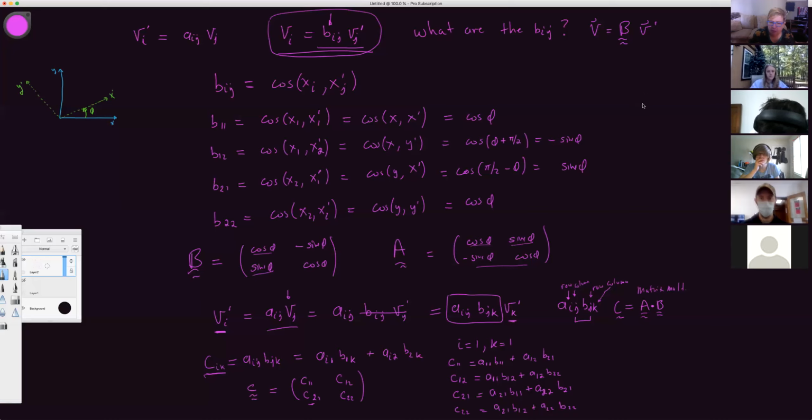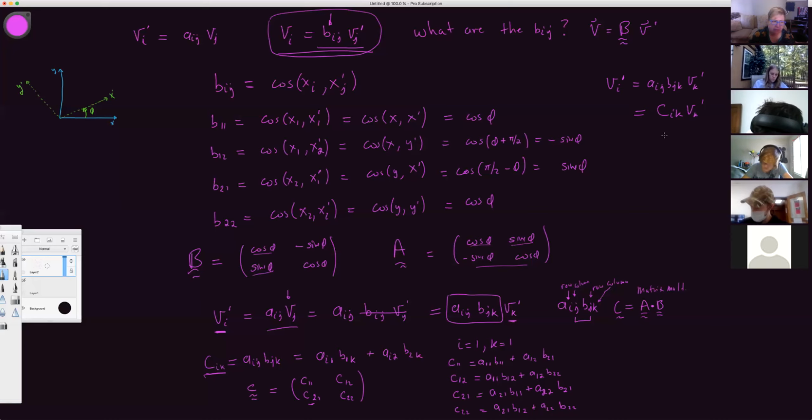We have our equation again: V_i equals A_ij B_jk V_k prime. Now I'm going to replace it with our C_ik V_k prime, and let's see what that C is.